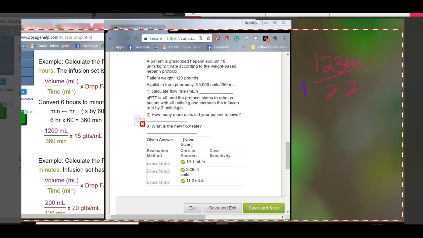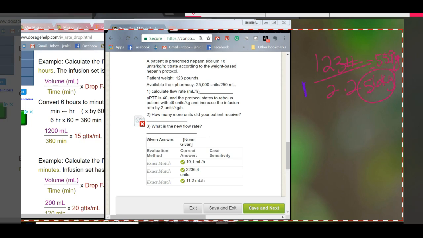Hold on, 123 divided by 2.2. That's 55.9 kilograms. So I'm going to just bring it up to 56 kilograms.